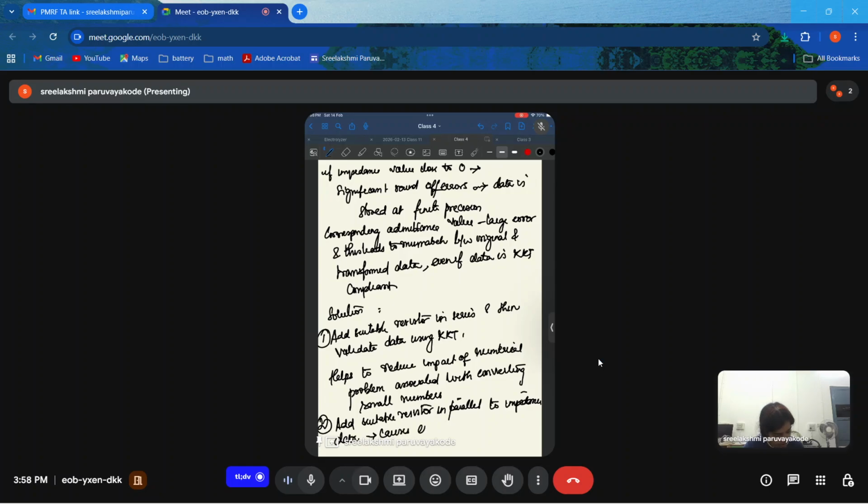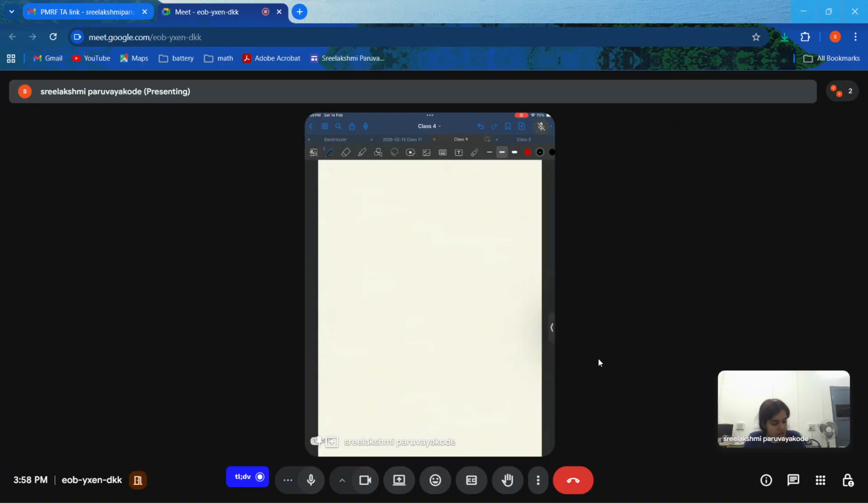Process the entire data to have a positive real value. So both solutions can be used, either in series or in parallel. Now this has its own challenges. Now let's look into the challenges.